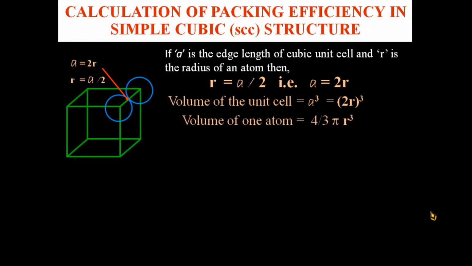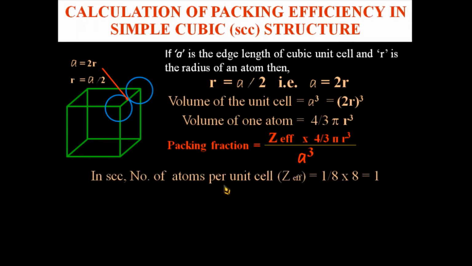Volume of one atom is 4 by 3 pi R cube. Therefore, the packing fraction of a simple cubic structure is equal to Z effective into 4 by 3 pi R cube by A cube.